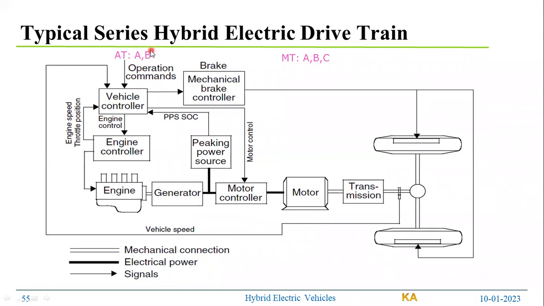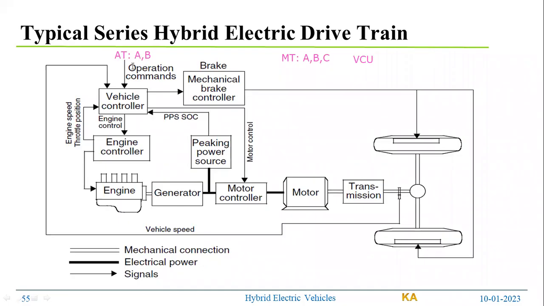When the user gives either an acceleration or a brake, the first instruction will go to the heart or the brain of the vehicle, that is called the vehicle control unit, which in industry terms is also termed VCU. VCU will get the appropriate command from the driver.